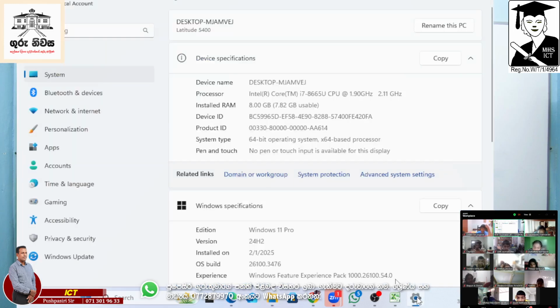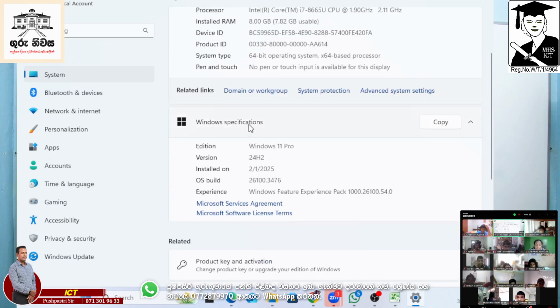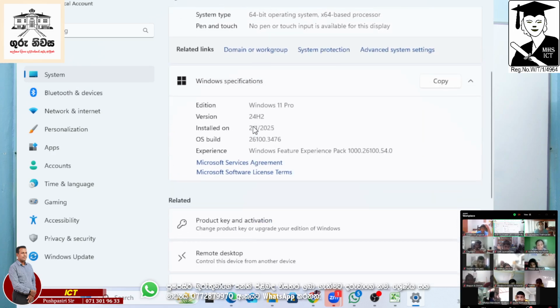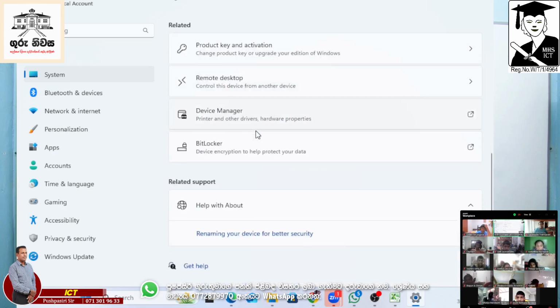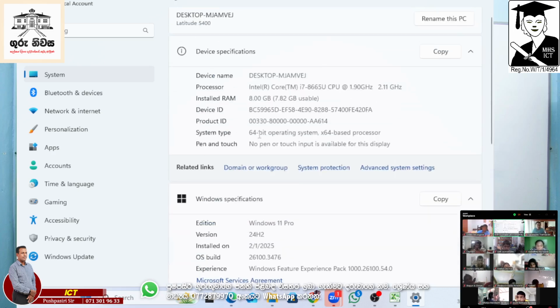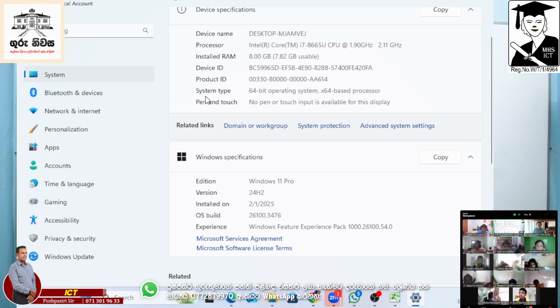When you go, it comes like here. Where will you find it? Here, System type. You can see here 64-bit operating system. Can you see my computer?